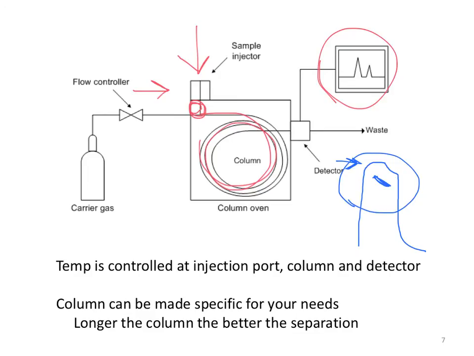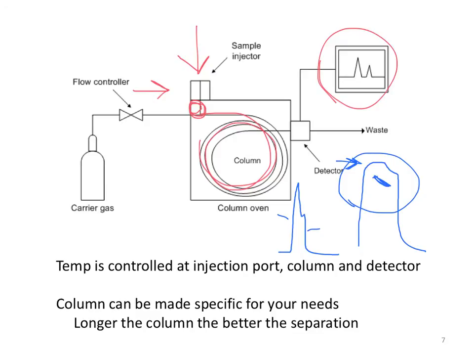And so if you change the column and just make it longer, or use a dilute sample, you might be able to see something like this, which clearly indicates the presence of two peaks which are really close to each other. That probably just means that the boiling points are very close to each other, which is why they are nearly overlapping.